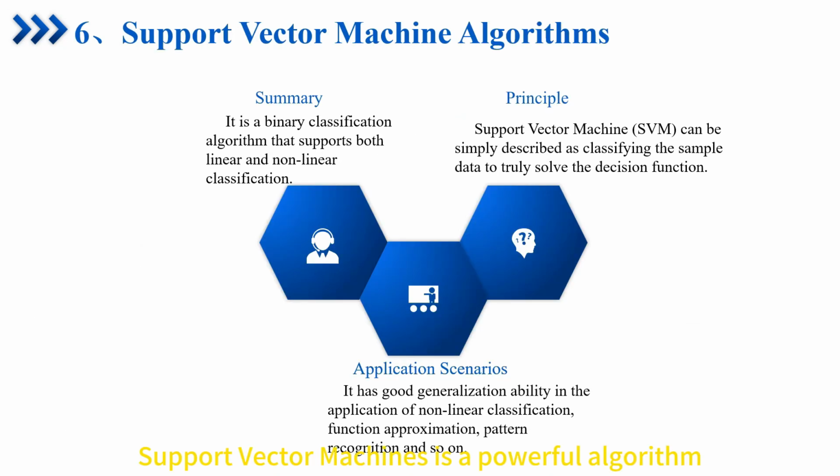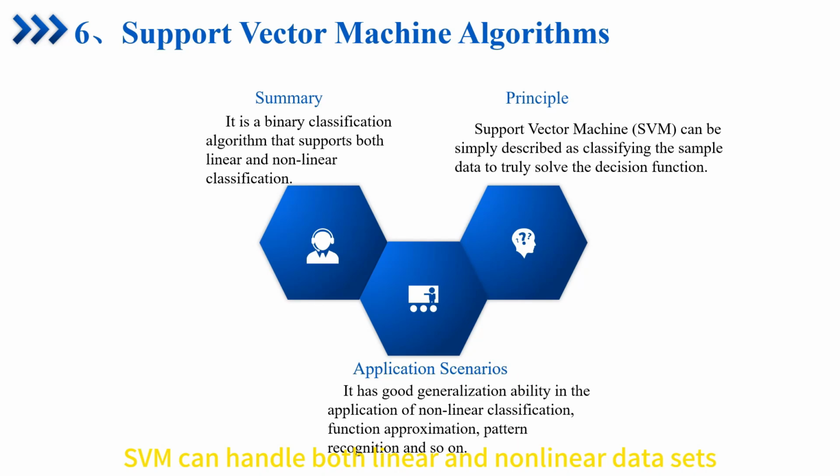Support vector machines is a powerful algorithm used for classification and regression analysis. It works by finding the optimal hyperplane that separates the data into different classes with maximum margin. The hyperplane is chosen such that it maximizes the distance between the closest points from each class, which are called support vectors.